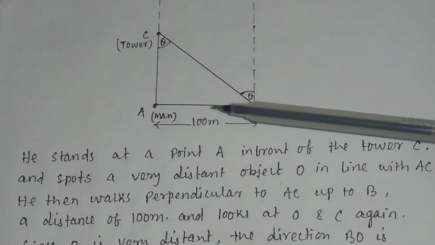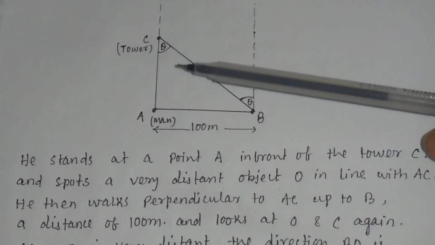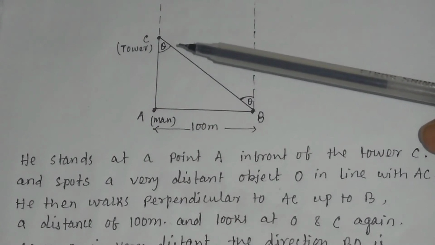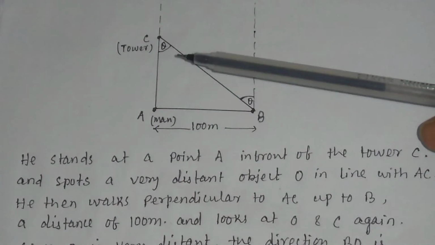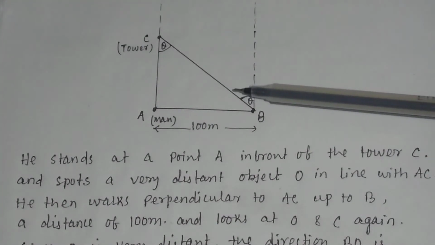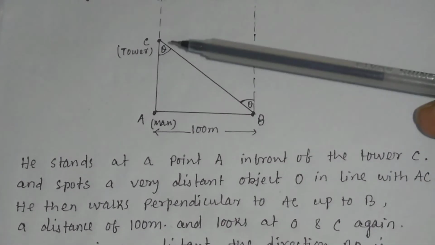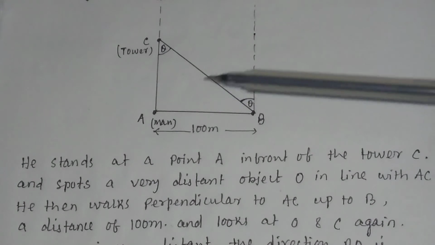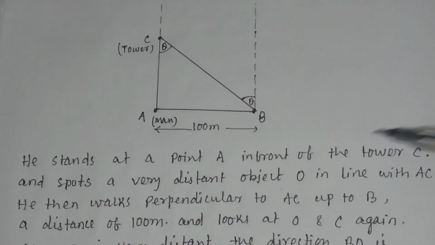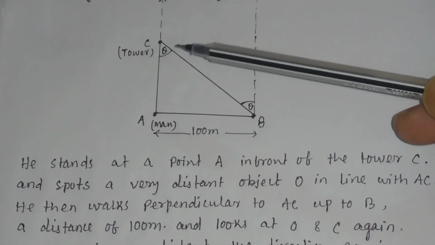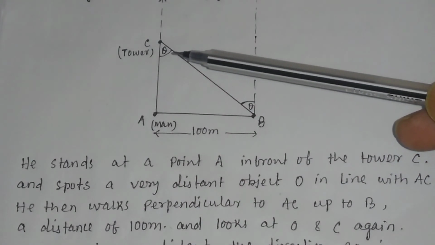So how can you estimate this distance AC? It is very simple by using trigonometry. From this right angle triangle ABC, tan theta will be equal to AB divided by AC, and AC will be equal to AB divided by tan theta, and here theta is given as 40 degree.